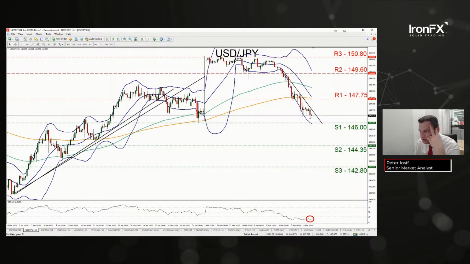So should the S1 be broken, which is the next target for the bears, the way would be paved for the 144.35. We're talking about 165 pips lower here, which is pretty wide. Mind you that the S2 has provided support here, so that provides some validity to it.